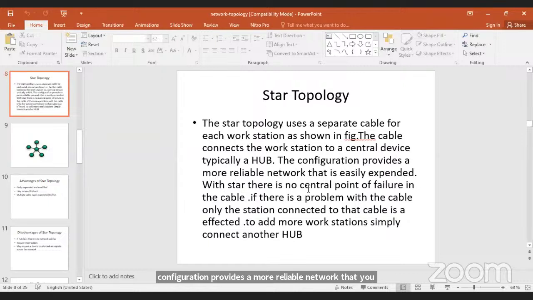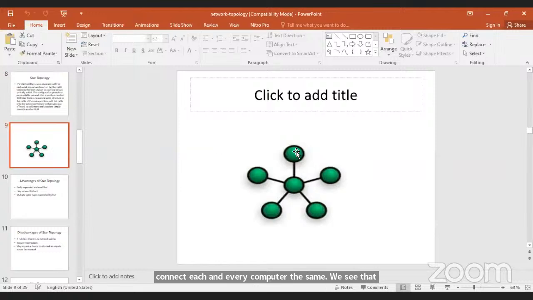With star topology, when one cable breaks, you can easily identify it because one computer connects to that hub, unlike bus topology, where we connect each and every computer to the same cable.